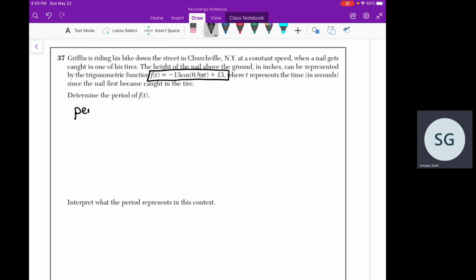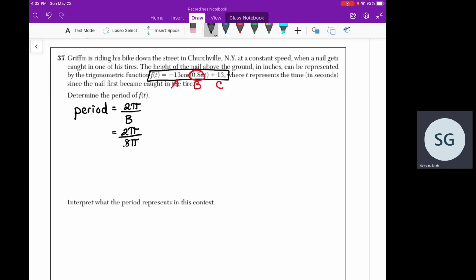Let's recall the formula for period, which is 2 pi over the frequency, which is b. Labeling here, a is negative 13. B is the number touching the variable, that whole chunk. C is the midline or the vertical shift. So in this case, the period is 2 pi divided by 0.8 pi.